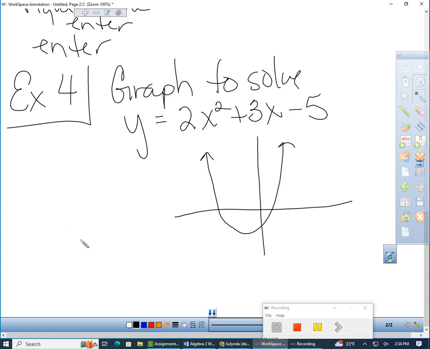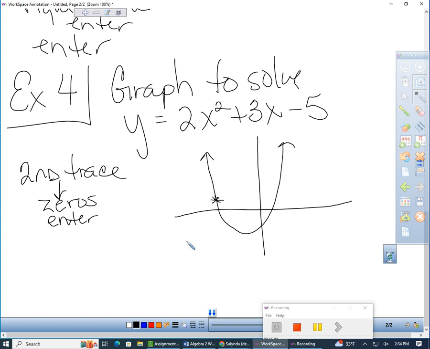All right, so now we want to go second, trace, and down to zeros. And hit enter. Okay. You're going to get a flashing cursor. You need to move your flashing cursor above this first solution. Okay, so we go second, trace, down to your 0, hit enter.